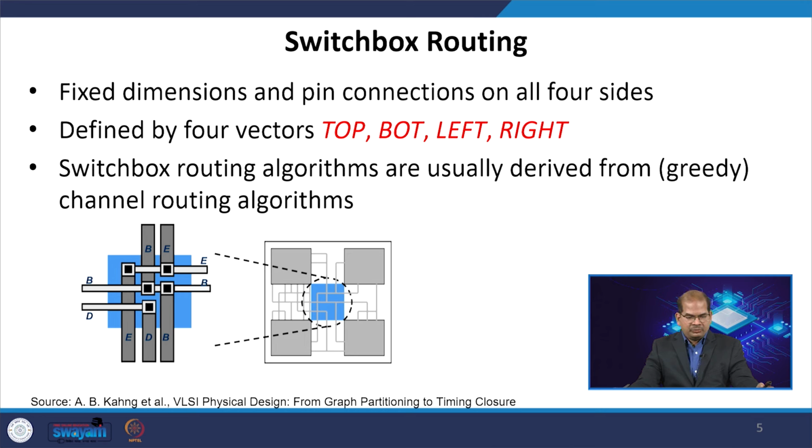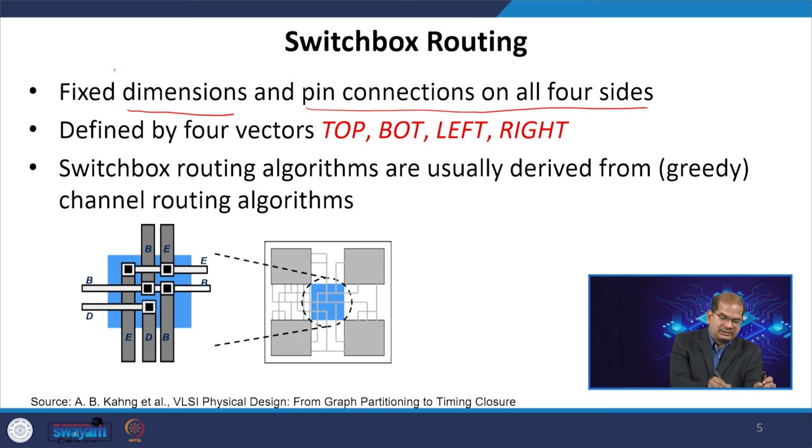Now, we have to define some more terminology. In the case of a switchbox, your dimension and pin connections on all four sides are already fixed. So we are defining four vectors: one is top, one is bottom, one is left, one is right.